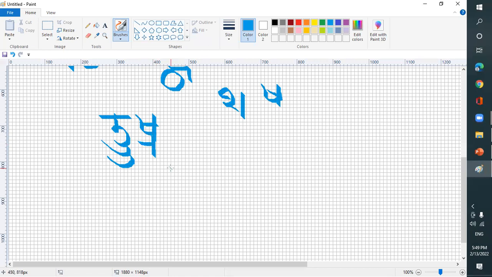Bhushan. Whenever Na is written below, it is written a little artistically in Sharda Lipi. Just see here: Sh, Na is written a little artistically, like this. I do that line later. This is Bhushan. I don't just do it like this.